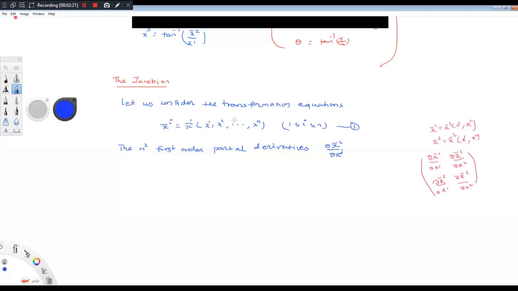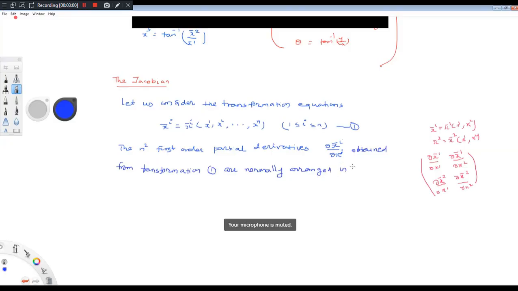So these partial derivatives obtained from the above transformation are normally arranged in the form of an n cross n matrix.